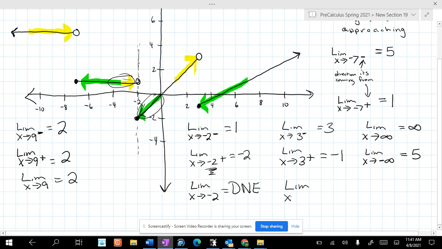The limit as x approaches 3, what would that be? As x approaches 3. Do they have the same number here? No, so that does not exist. And then, yeah, the infinities are infinities.